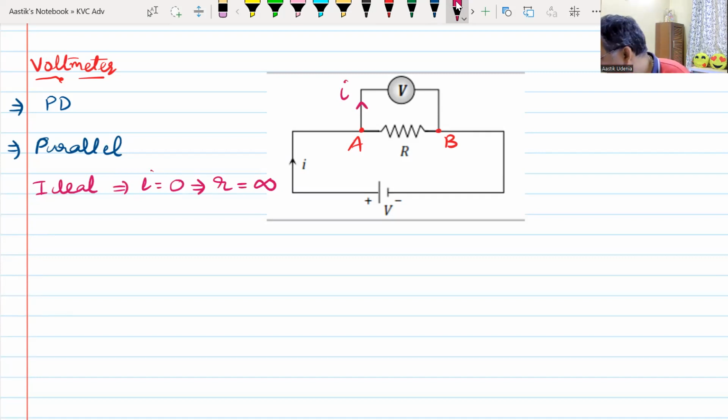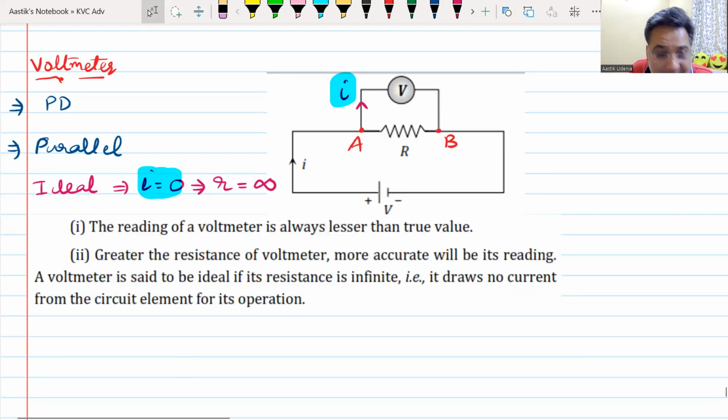So if a voltmeter is ideal, it should not draw any current. This current should be 0. Therefore, the resistance of the voltmeter must be infinite. If you want to make a very accurate voltmeter, its resistance must be very, very large. I'll give you 2 minutes to note this down.